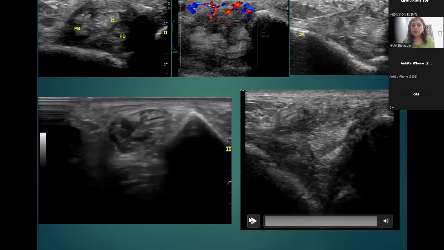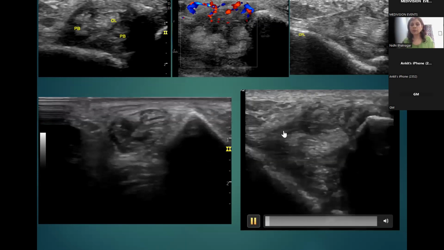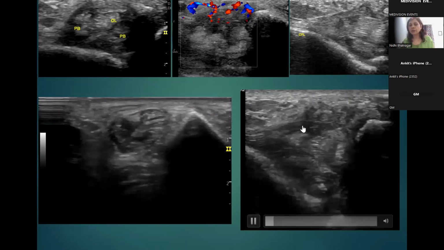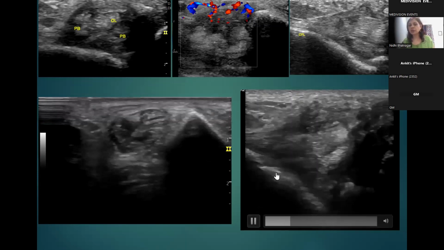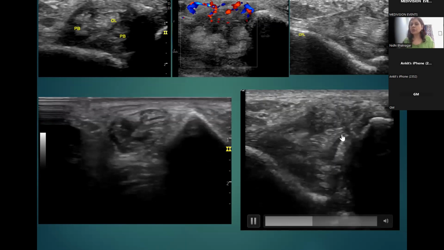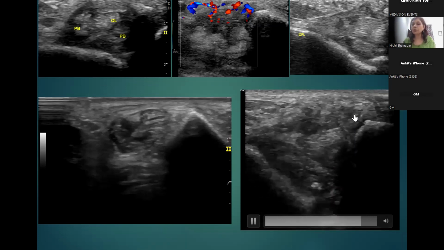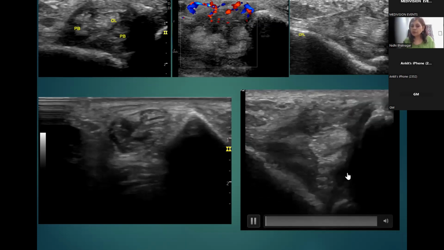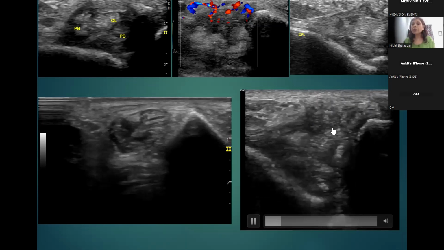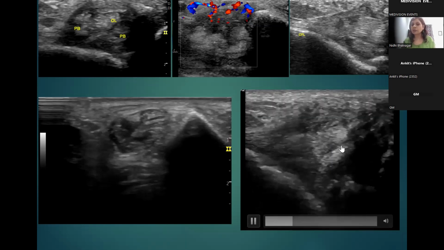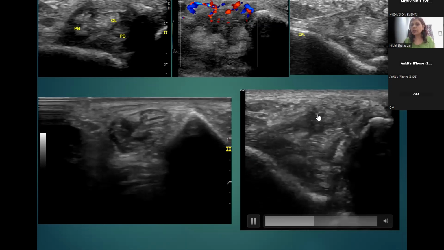But this is where we were able to demonstrate the distal end of the SPR, which is attaching to the calcaneum. And as you can see in the proximal region, there was complete tear of the SPR. There was no fibrocartilaginous ridge that we could see, and a lot of synovial proliferation. And we were able to demonstrate the intrasheath subluxation with a tear of the SPR.